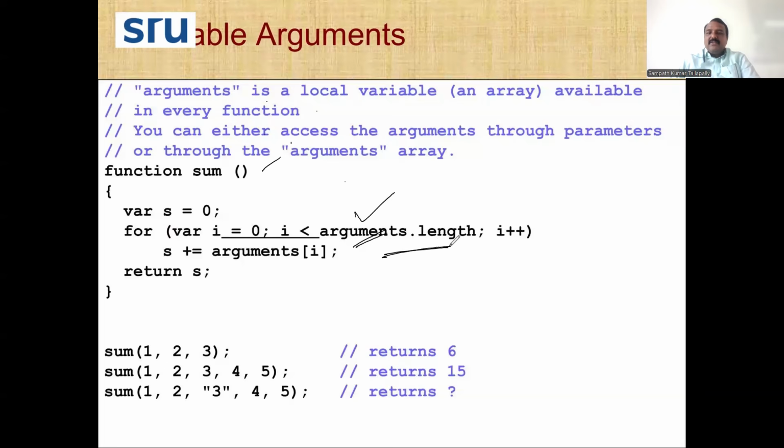Then we have the length, and we add things. See here now, 1 2 3 is 6, obviously, and this is equal to 15, obviously. But in this case, I'm trying to add a string to numbers, which is not possible, so it returns an undefined value. So this is how the arguments variable is declared in JavaScript.